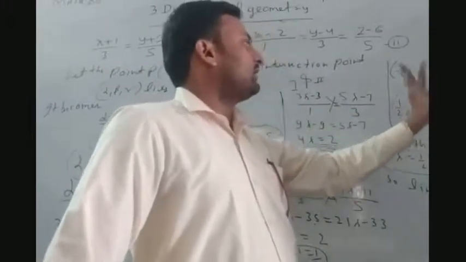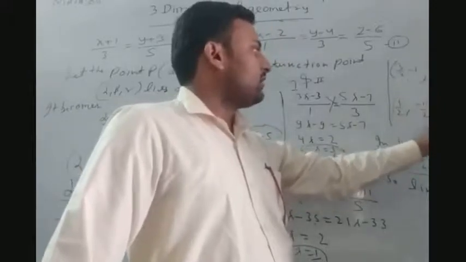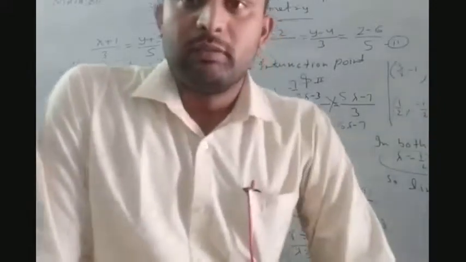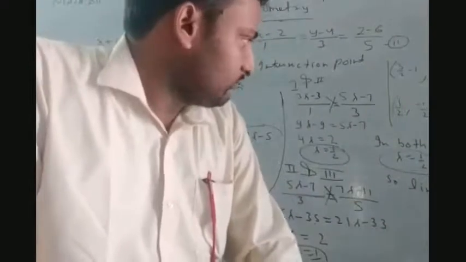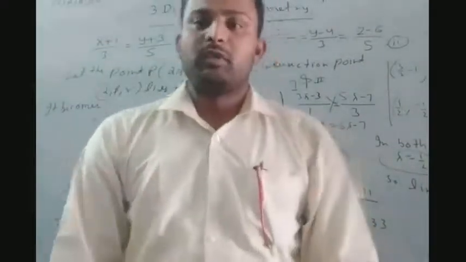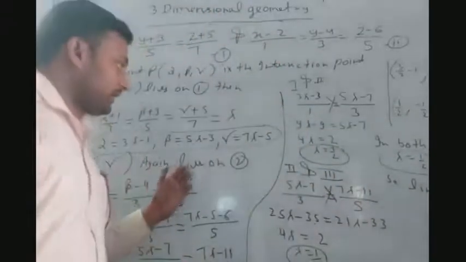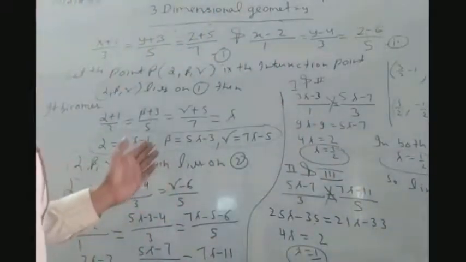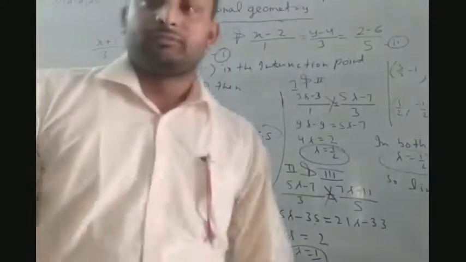And after solving this, we get 1 by 2, minus 1 by 2, minus 3 by 2. This will be our point of intersection of these two lines. I hope you understand. This is a very, very important question from the examination point of view.